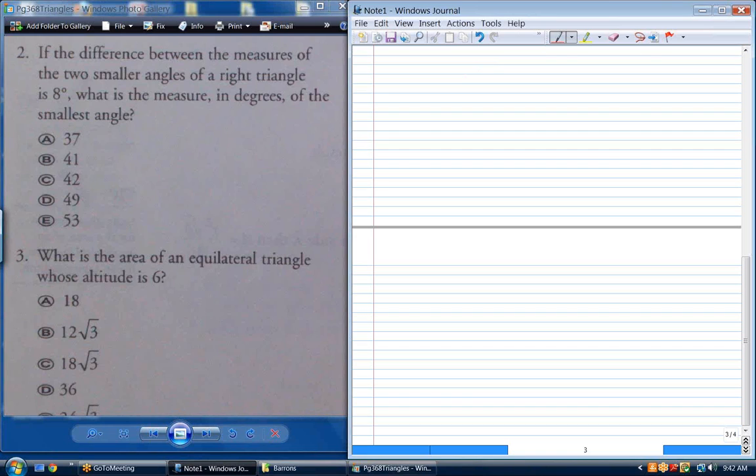If the difference between the measures of the two smaller angles of a right triangle is 8 degrees, what is the measure in degrees of the smallest angle?